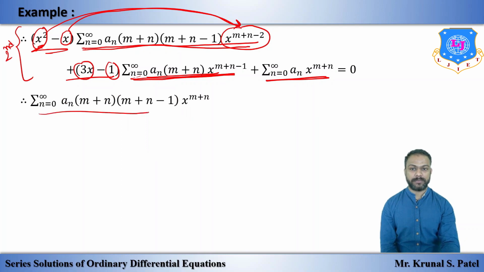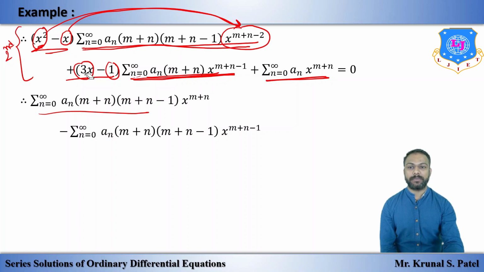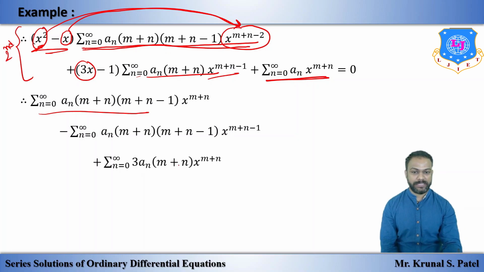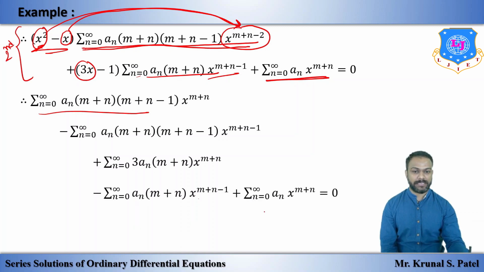This first term by multiplying x square with this sigma, and minus x multiplied with this sigma. Now we will multiply this 3x with the entire sigma. So 3 comes with this constant and x goes with this x raised to m plus n minus 1 plus 1. That means x raised to m plus n. So this is our term. And second, if we multiply minus 1, minus of this, that means as it is, and this last term as it is.